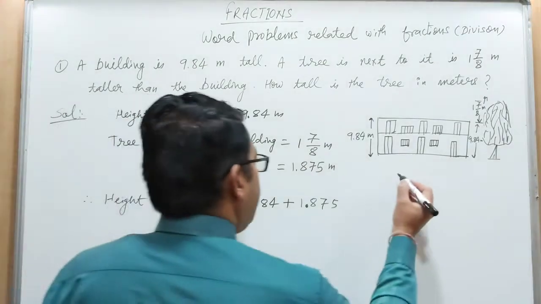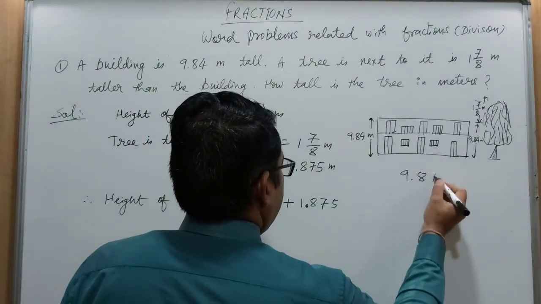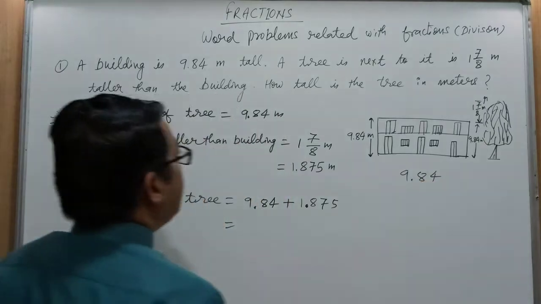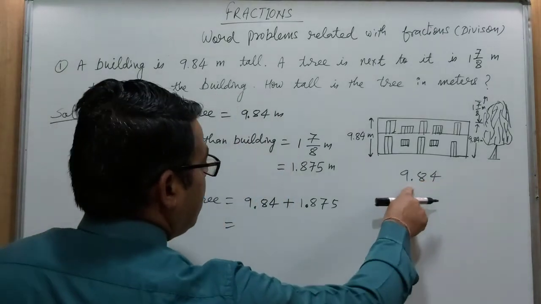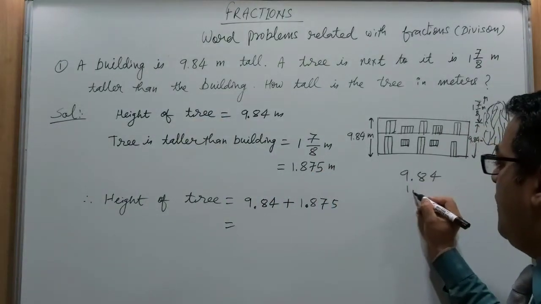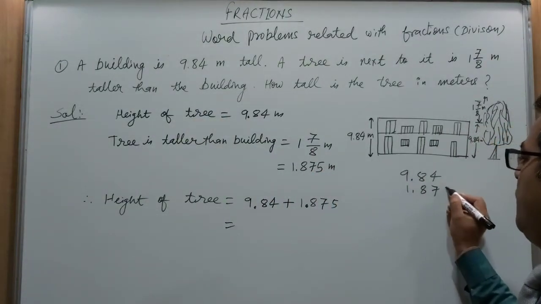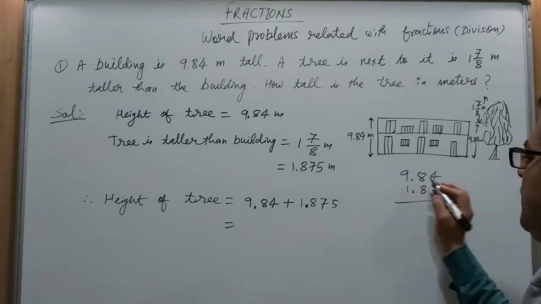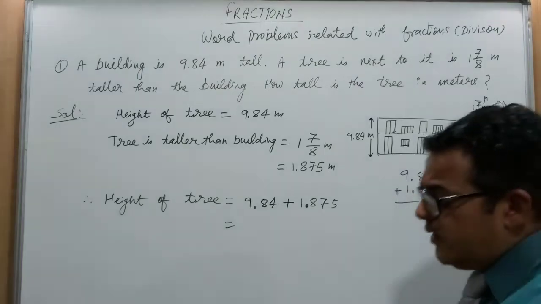So here, for better understanding, 9.84 is the height of the building and we have to add 1.875 to that. What is the rule of addition in decimals?